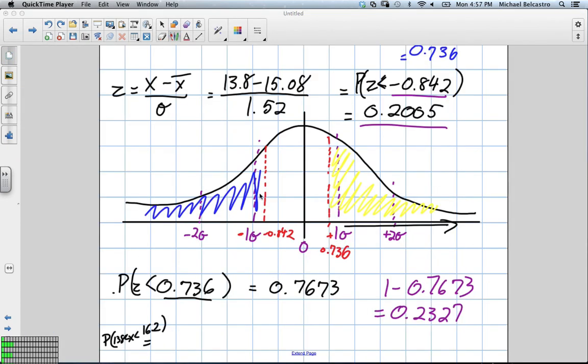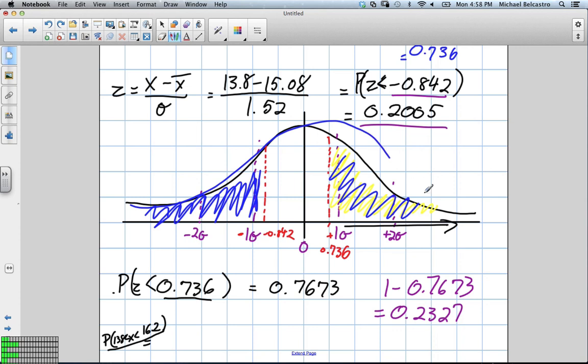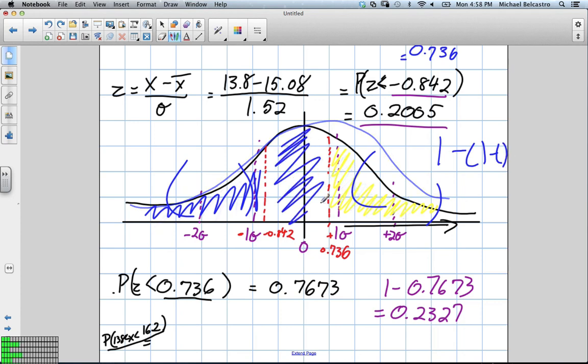So, okay, since we have those two amounts, what we need to do now is the probability of x being between 13.8 and 16.2. Because listen, we have these two amounts. This is a certain amount, and this is a certain amount. Well, the entire area here is 1, so we're going to subtract this and this from 1 to find out the probability or the area that's left untouched.